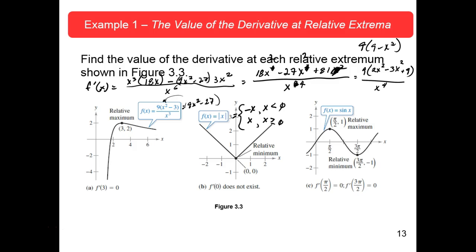F of x is equal to sine x. What's the derivative of f of x? Derivative of sine x. Cosine x. And what is cosine when x is equal to pi halves? Cosine of pi halves?